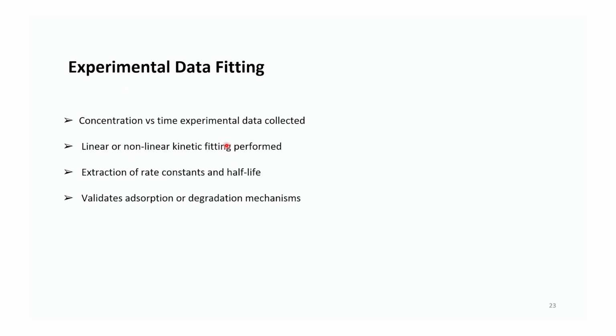Linear or non-linear kinetic fitting is performed, and you extract the rate constant and half-life. This validates the adsorption and degradation mechanism of that particular nanocatalyst that you are using for the degradation of that dye.